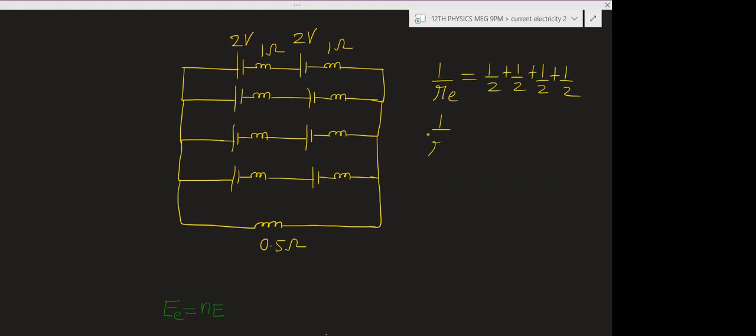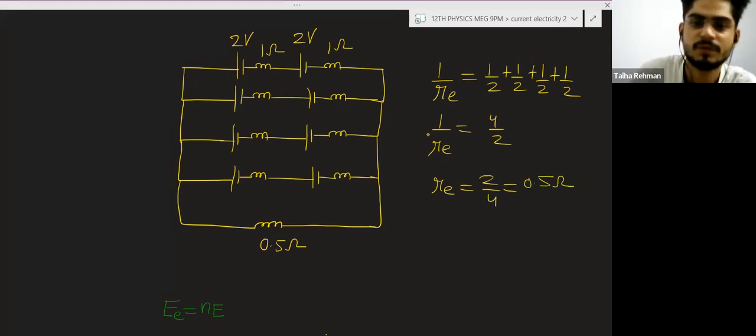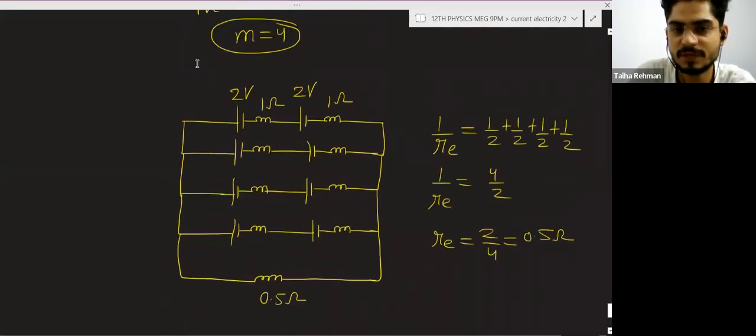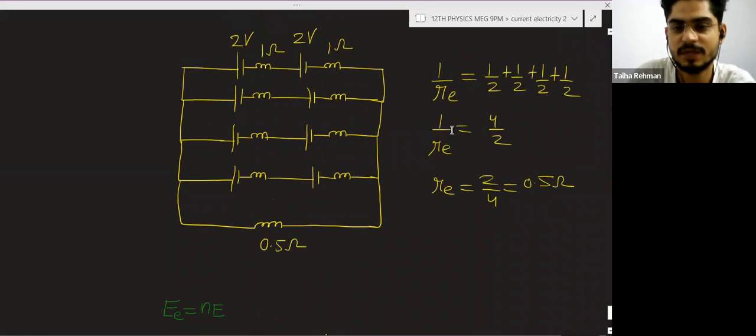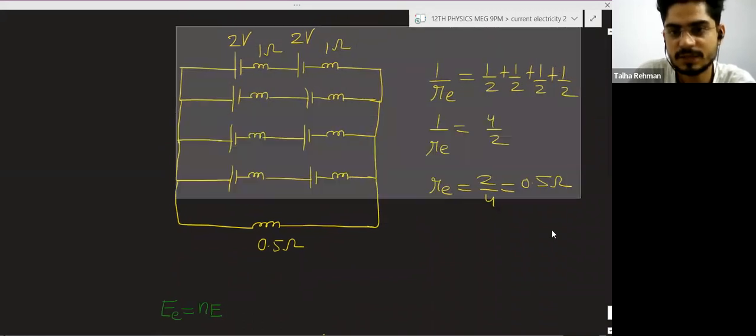This will become 4 by 2 and R equivalent you will get 2 by 4, that is 0.5. From the formula also you can get the same answer and from the circuit also you can get the same answer. So this is from the formula and this is from the circuit.